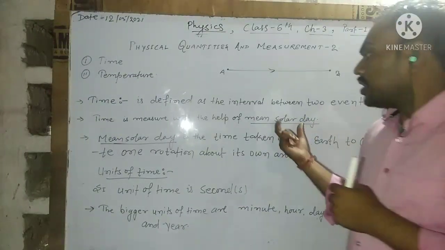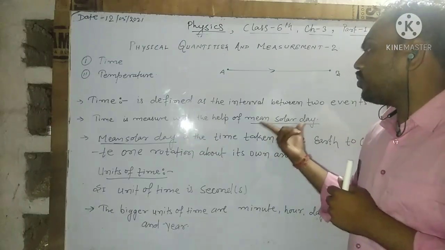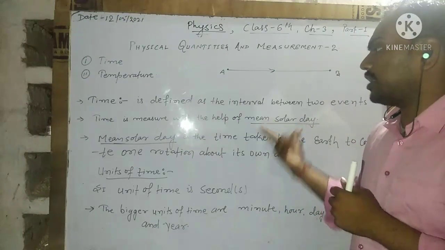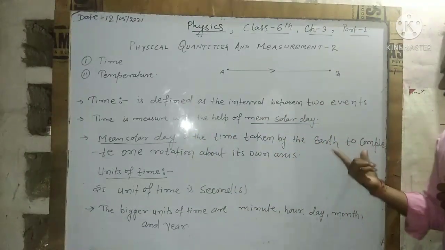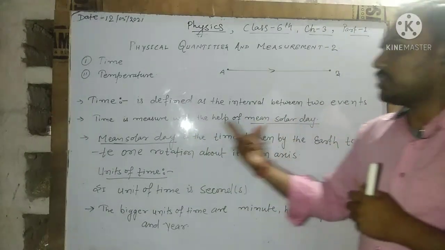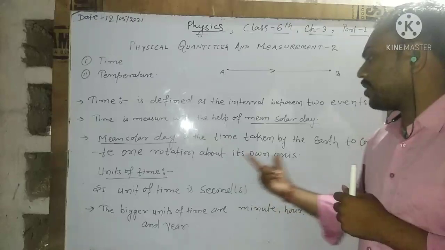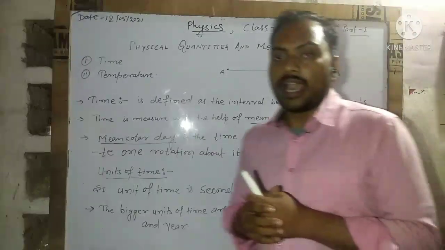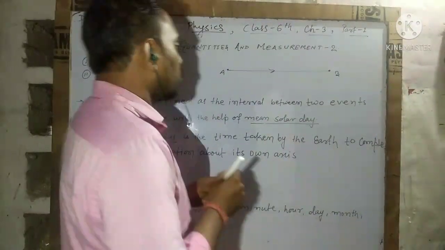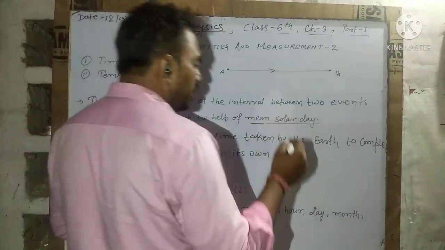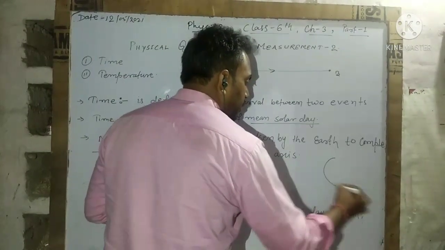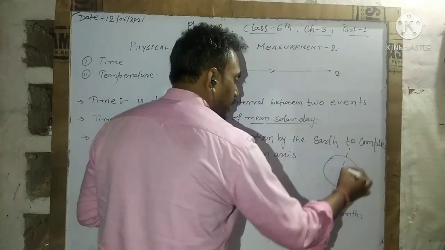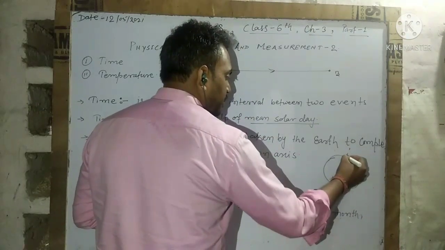What do you mean by mean solar day? Mean solar day is the time taken by Earth to complete one rotation about its own axis. As we know, Earth rotates on its own axis.